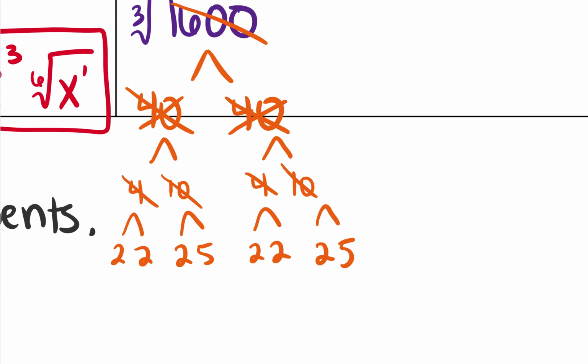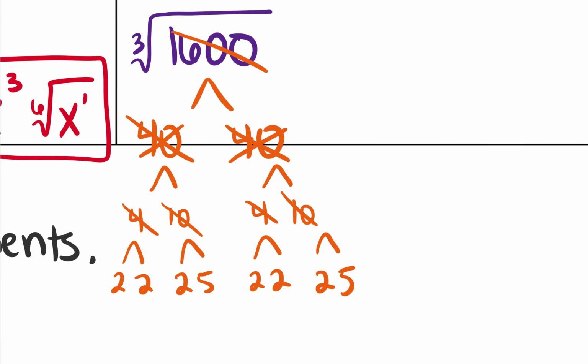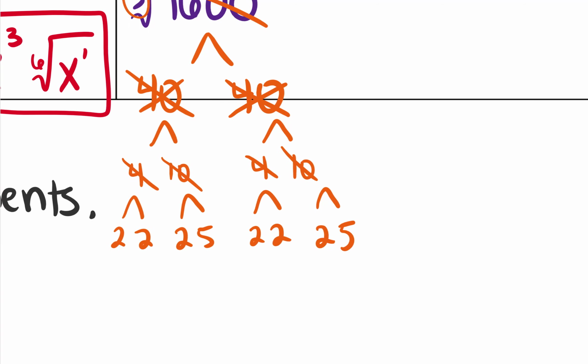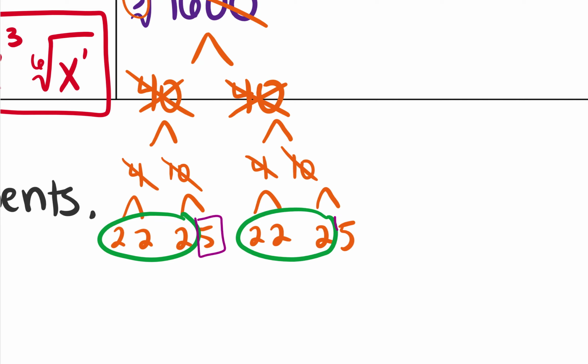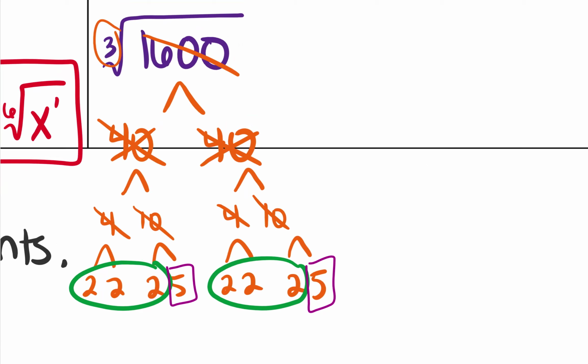Now, because my index is 3, I'm looking for groups of 3. So notice I have a group of three 2s and another group of three 2s, and I have this 5 and this 5 that are just left over by themselves. No big deal. Remember, for every group of 2, I put one of those out there.